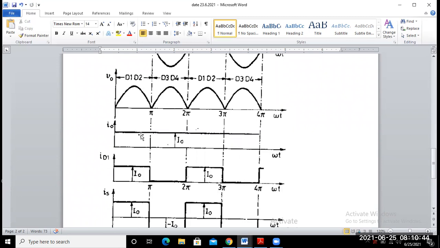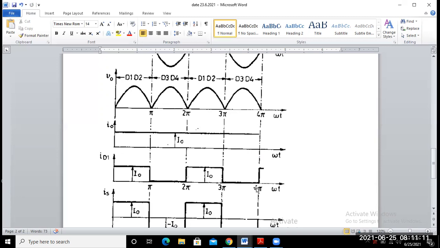But here, due to the large value of inductance, this current becomes a constant value. Corresponding to that constant value, you can draw the diode current for diodes 1 and 2, and similarly you can draw it for the diodes D3 and D4 also.